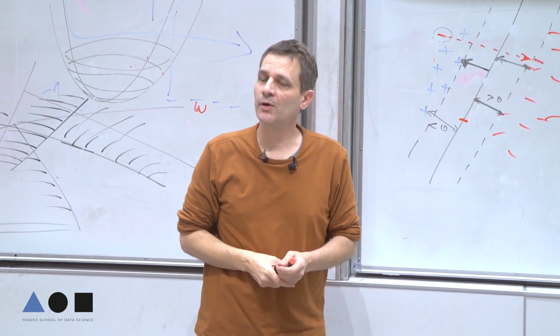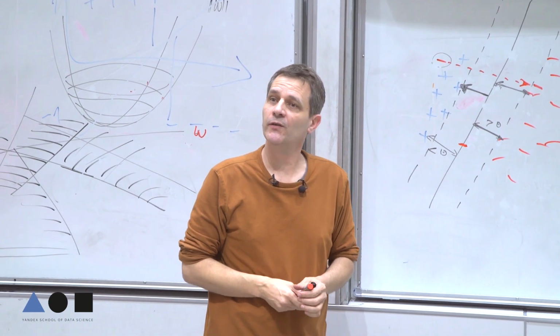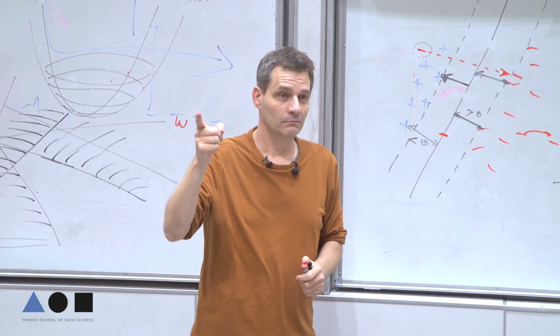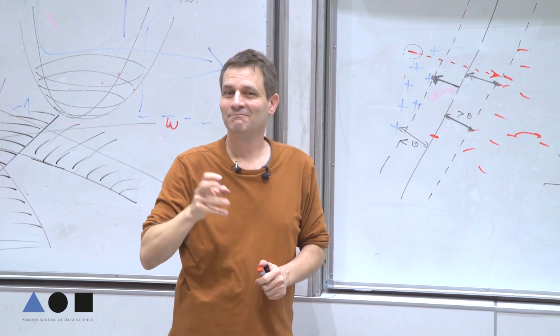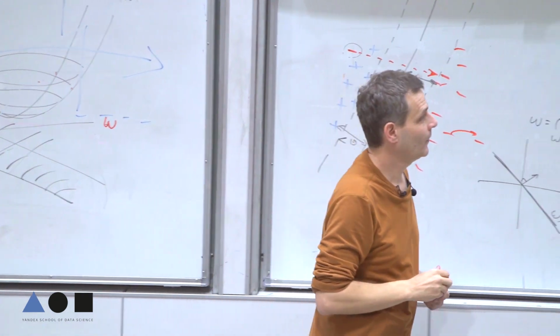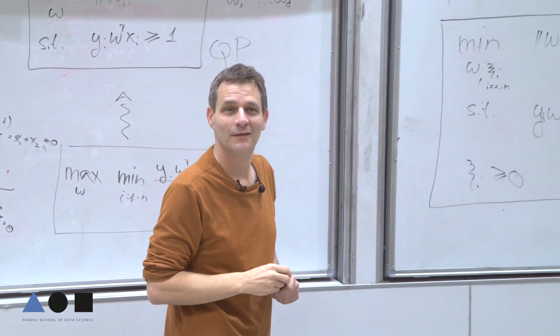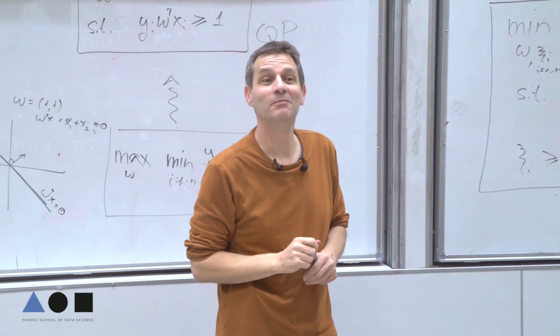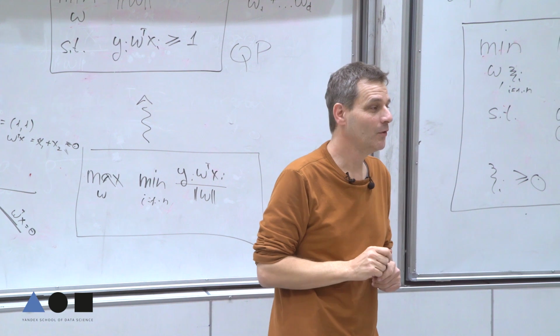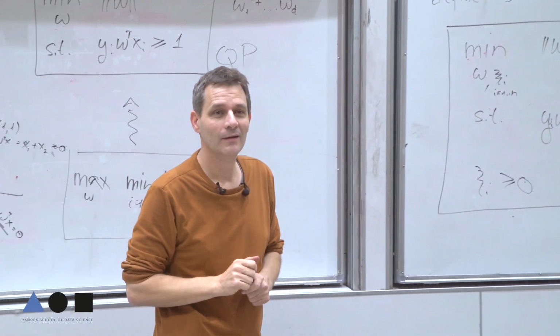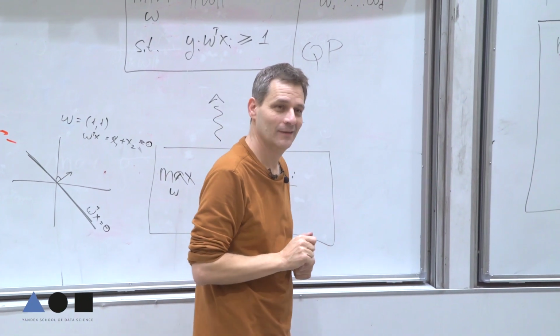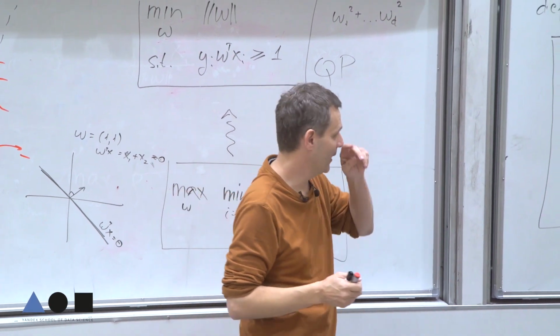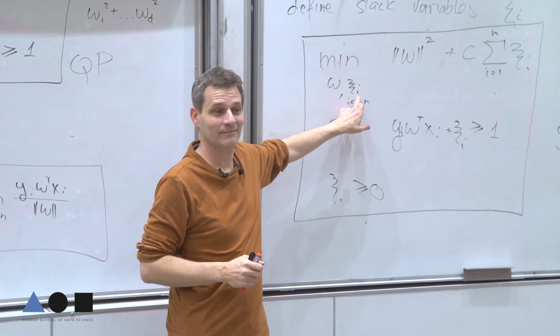So the optimization problem now is over how many variables? That's a tricky question. 2n? No. OK, how many psi's? n.